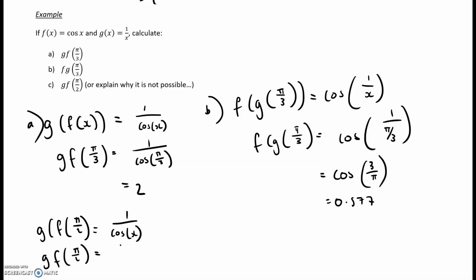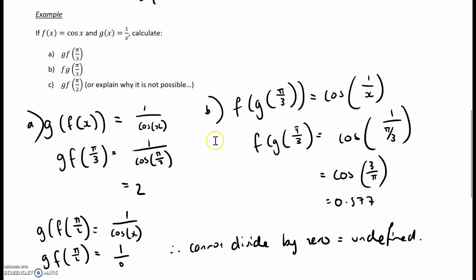So g of f of pi on 2 would be 1 over 0, and you cannot divide by 0. So that means it's undefined.